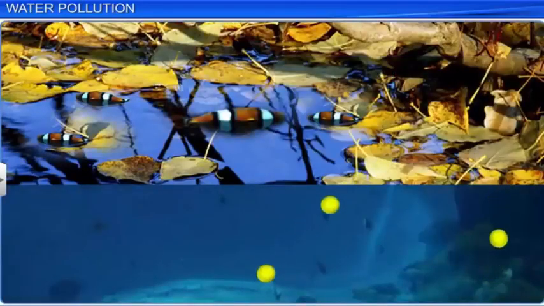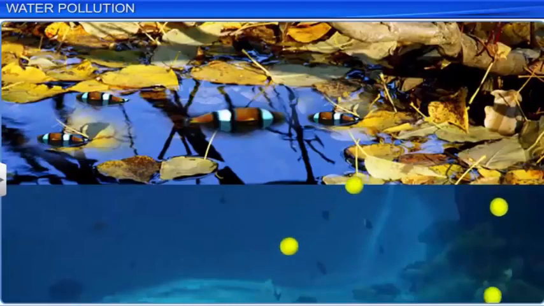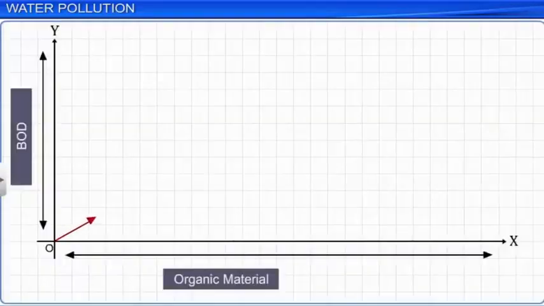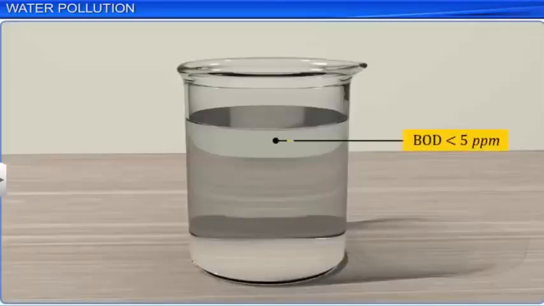The total amount of oxygen required by bacteria to break down the organic matter present in a certain volume of water is called biochemical oxygen demand, or BOD. BOD is directly proportional to the amount of organic material in the water. The BOD value of clean water is less than 5 parts per million.